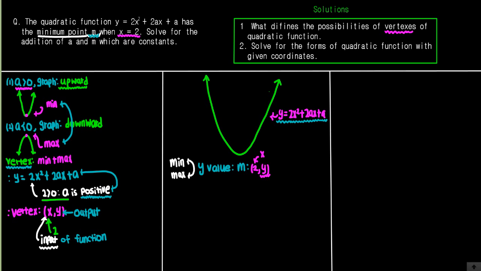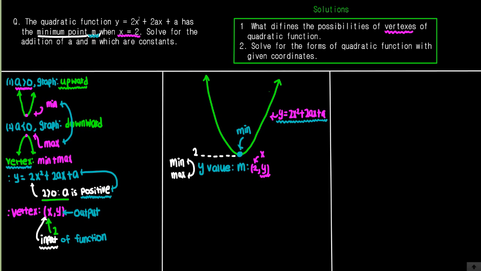That means in the quadratic function that we convert, this is going to be the minimum point right over here. And the x value is equal to 2, which means if you follow the direction along the x-axis, it is going to be 2.